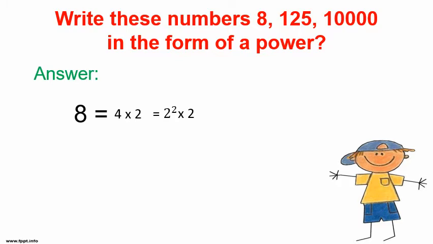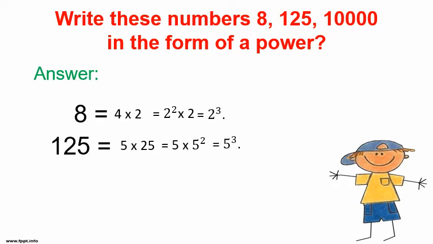Instead of 4, I wrote 2 squared; same base, you add the exponents, so it will be 2 cubed. 125, you can divide it by 5 to give me 5 times 25, and the 25 is 5 squared, same base, you add the exponents to give me 5 cubed, and you can use the tree method. 10,000, directly we can write 10 to the power 5 because it has 5 zeros. Sorry, it has 4 zeros, so we write 10 to the power 4, it's 10,000.